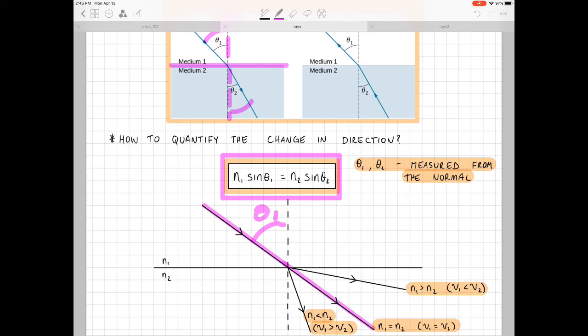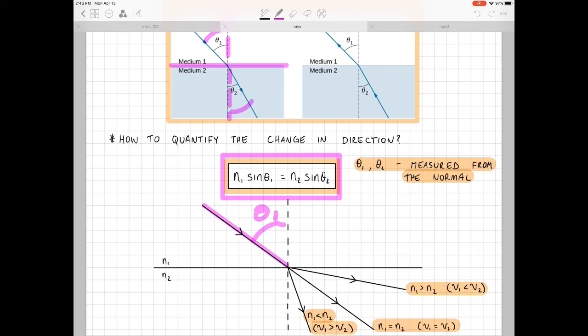That's possible if n1 and n2 are the same value. Remember, the index of refraction is connected to the speed of light in that medium. So if the light passes straight through without changing direction, that means the speed of light in both of those media is exactly the same. That's our first option.